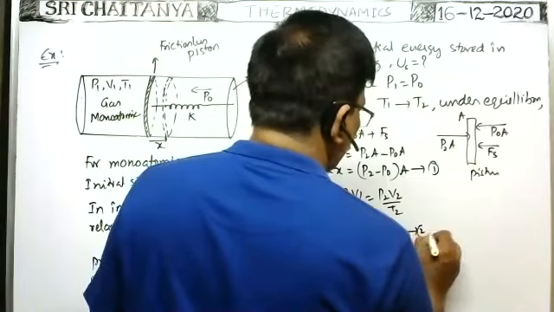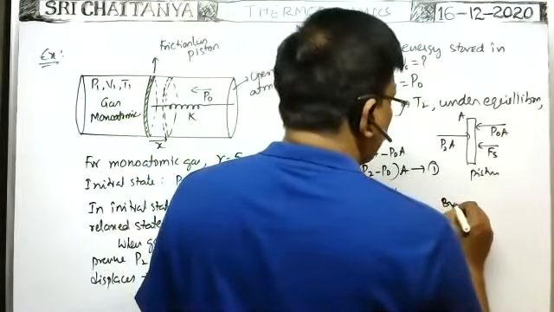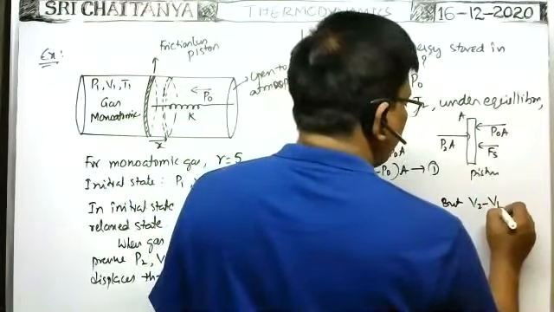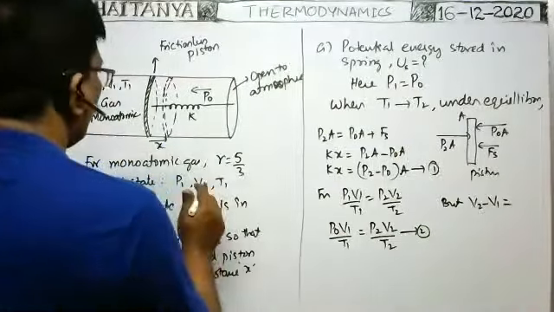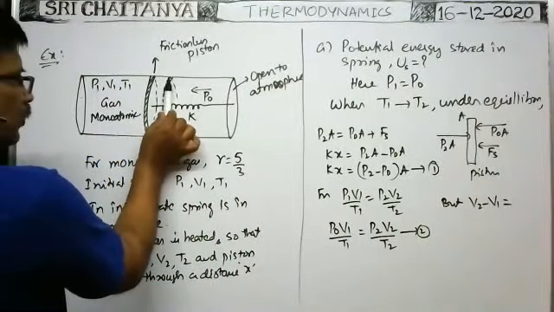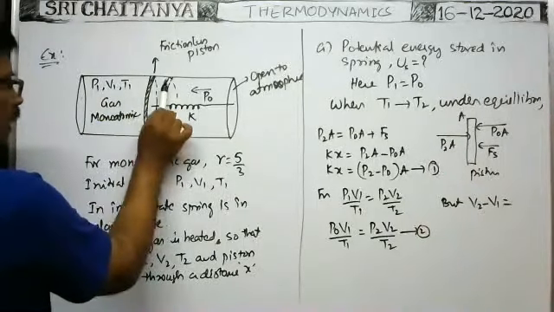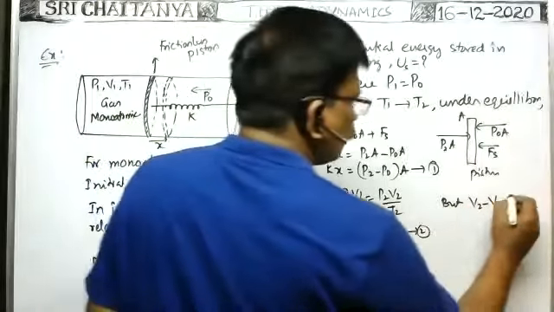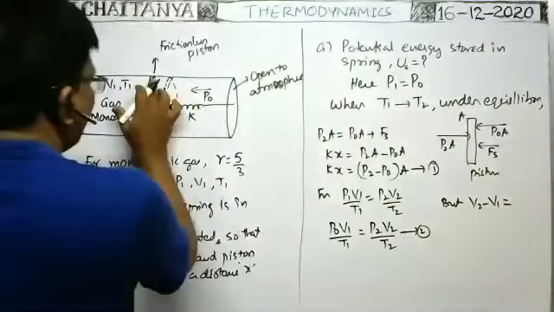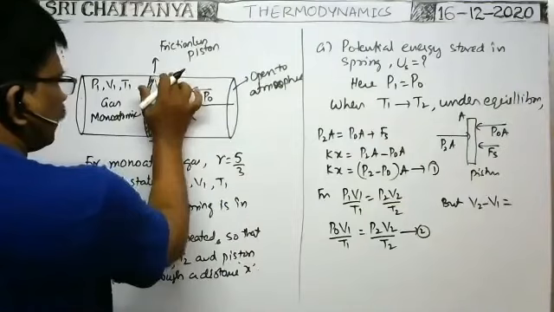This is equation 2. But the change in volume V2 minus V1: finally, whenever the piston comes to this position, it is under equilibrium. Under equilibrium, the volume is V2. V2 minus V1 is equal to the area of cross section into the displacement of the piston.